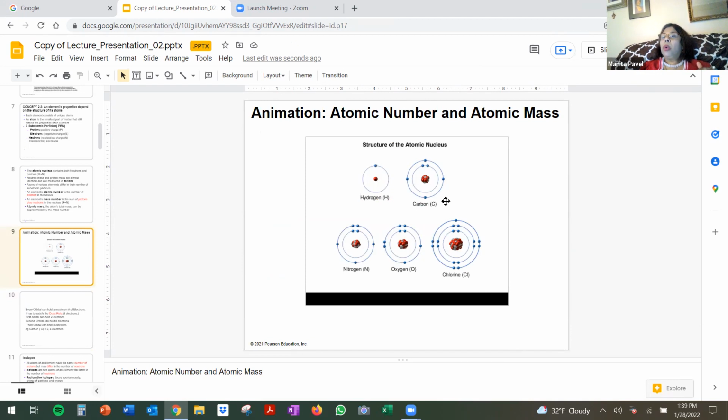Why do I write 4? Because carbon's atomic number is 6. 6 minus 2 is 4. 1, 2, 3, 4. We'll talk about chemical bonding later. And when can an atom form a chemical bond? Let's first understand the concept of distribution of the electrons in various orbitals.